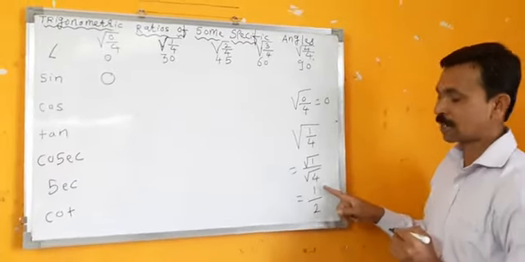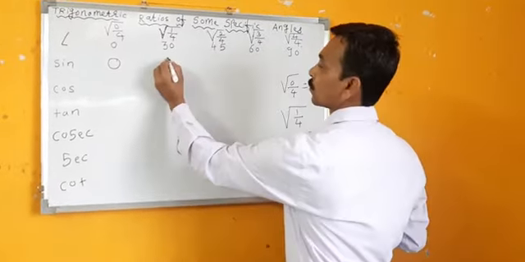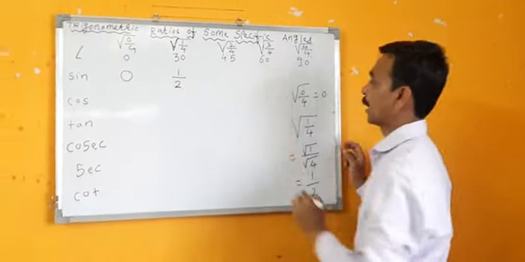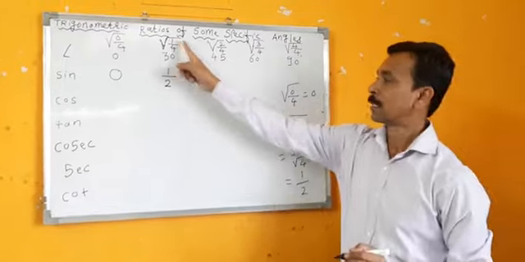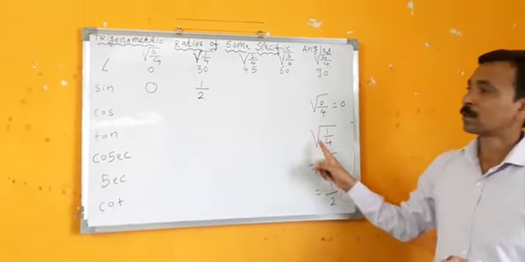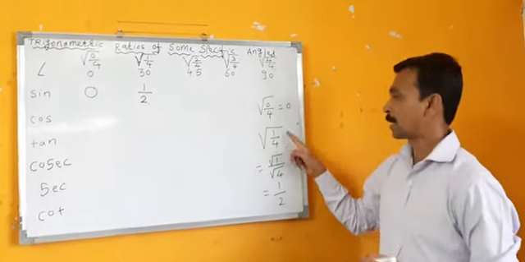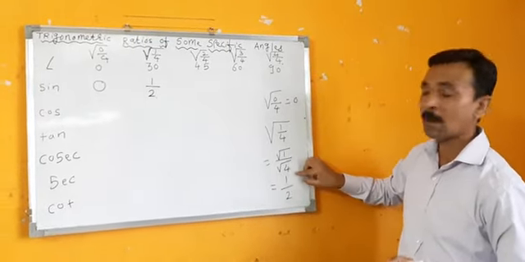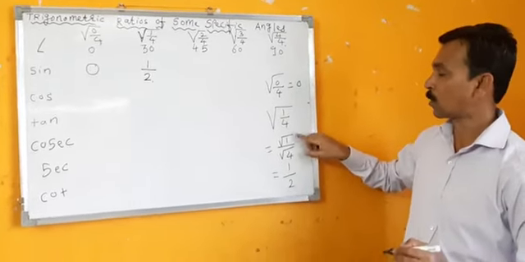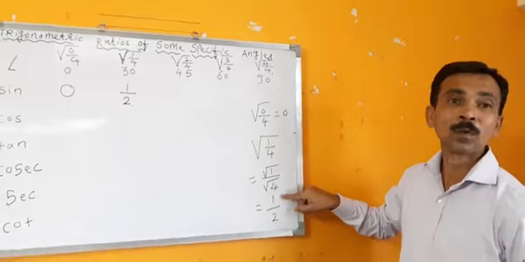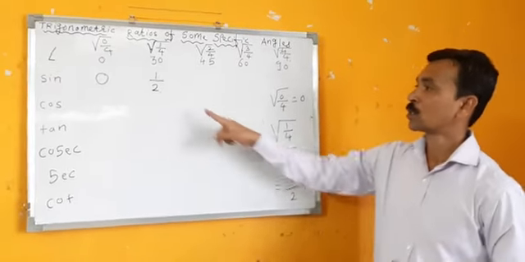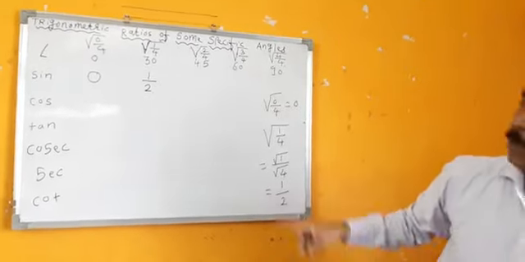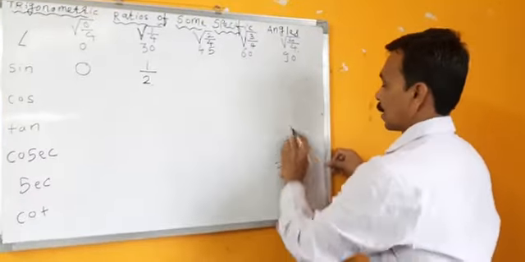So the value of sine 30 is 1 upon 2. Again I am repeating: take under root 1 by 4, write it separately as root 1 upon root 4. The square root of 1 is 1, the square root of 4 is 2. So sine 30 is 1 by 2.